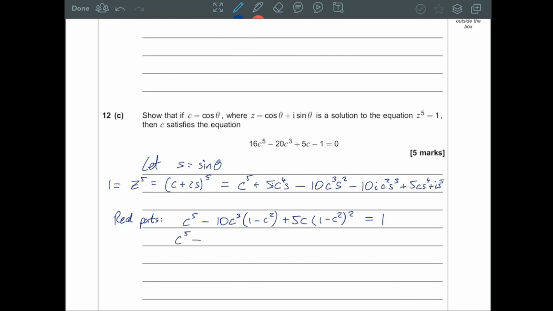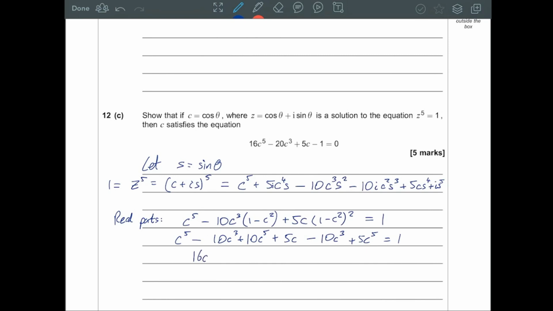Let's simplify. That's 10C to the 5. Now this one you should probably simplify slower. I'm not going to. And plus 5C^5 equals 1. Looking at the C to the 5, so I've got 1, 10, 5.